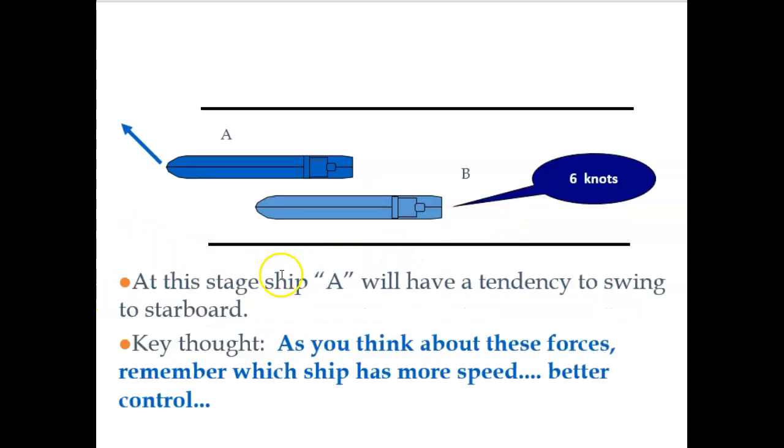As we go a little bit further, at this stage, ship A will have a tendency to swing to starboard. As we start to approach, as the bow wave gets up here, now, unlike the previous slide where the bow of A wanted to come down this way, the bow of A wants to be pushed off to starboard. That means the stern is going to want to come together here.